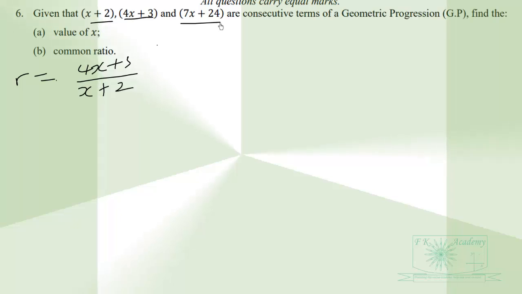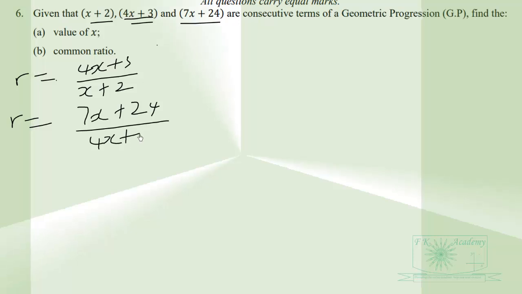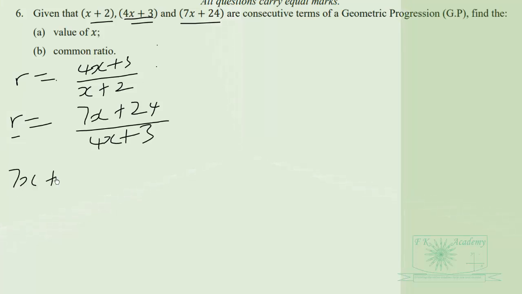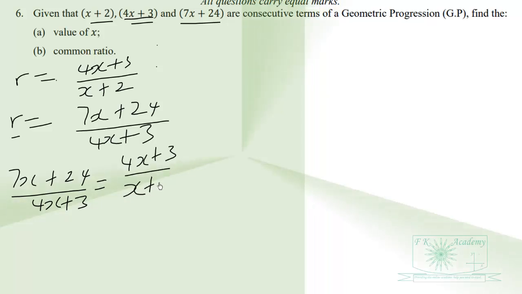Then we can also find a common ratio using this term and this term. So that is 7x plus 24 over 4x plus 3. So since the common ratios are the same, it means the two expressions are equal. So 7x plus 24 over 4x plus 3 is equal to 4x plus 3 over x plus 2.